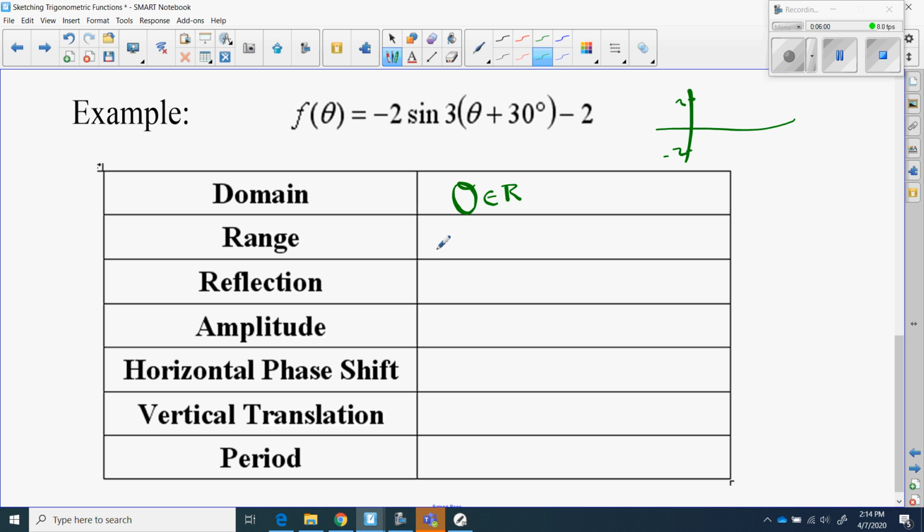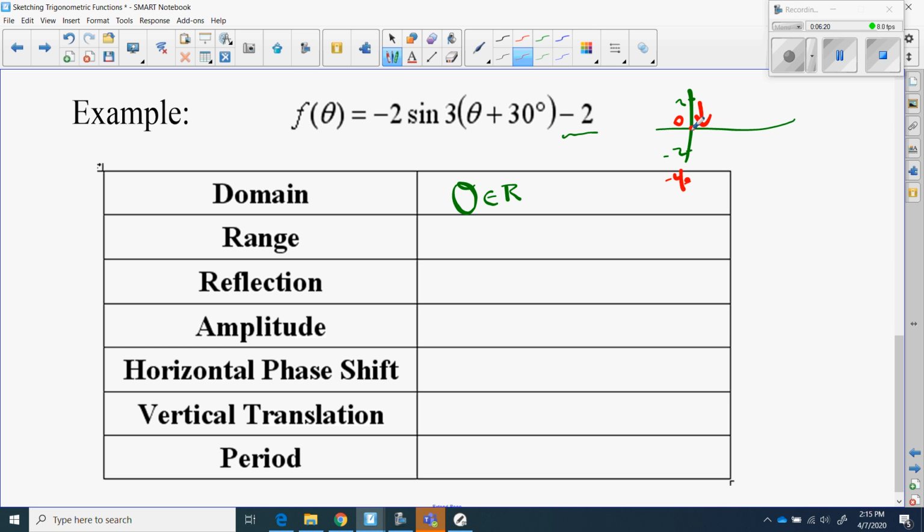Well, you say, okay, the range is between -2 and 2, which would be true, except then at the end, you have to remember we're going to take that graph and move it down 2. If I do that, this top number, if I move it down 2, is now going to be at 0. And if I move this one down 2, it's going to sit down here at -4.